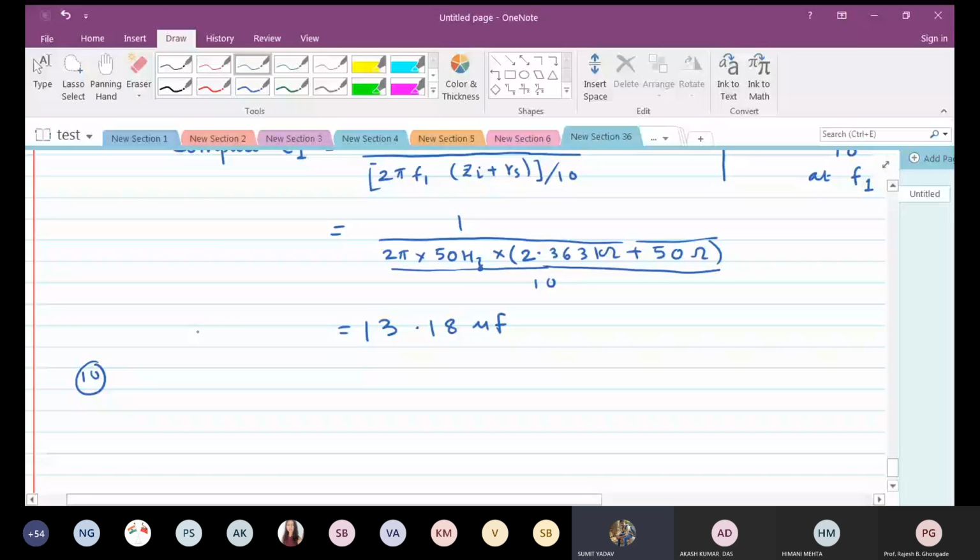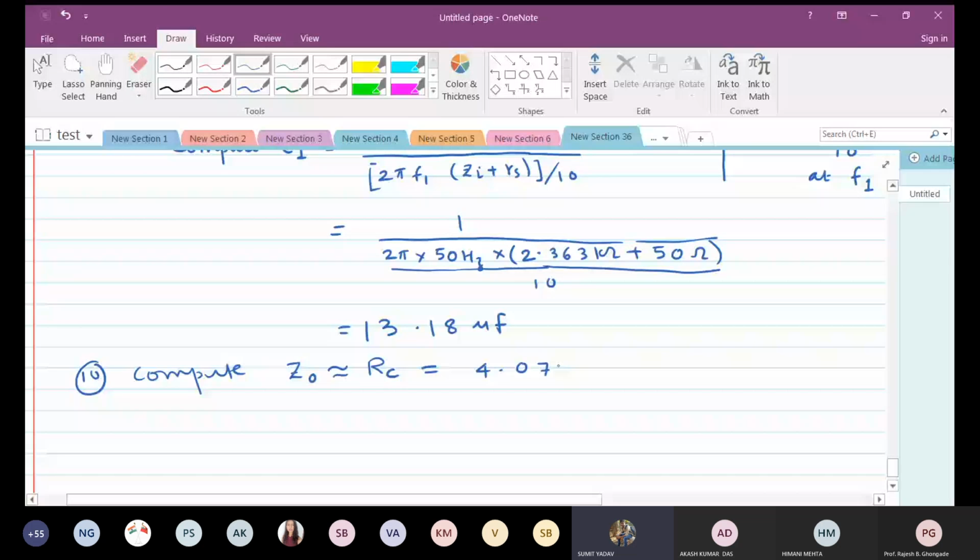Next step is to compute output impedance. In case of a common emitter amplifier with bypassed RE, you have output impedance simply as the collector resistor value, which is equal to 4.072 kilo ohms.